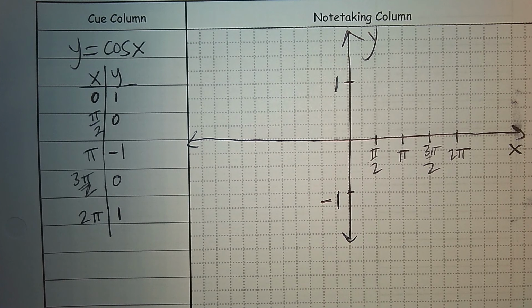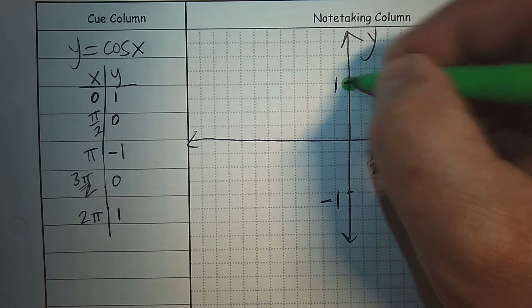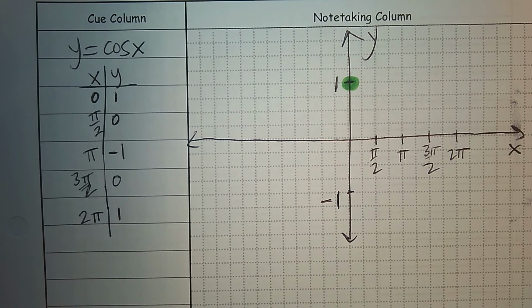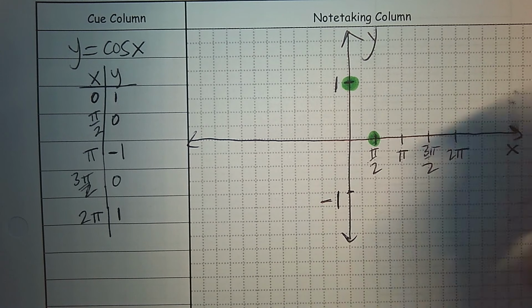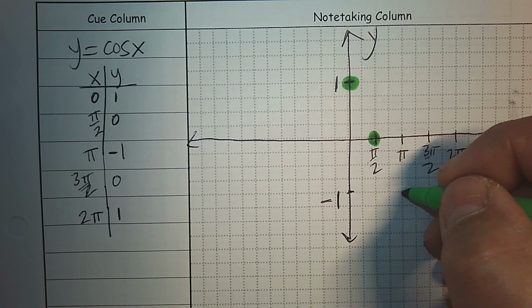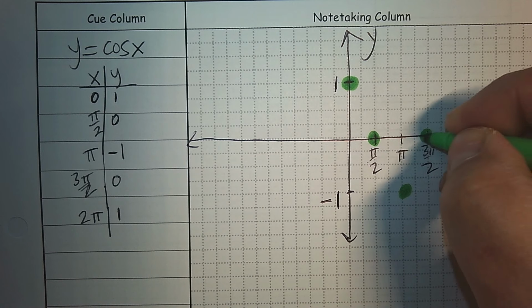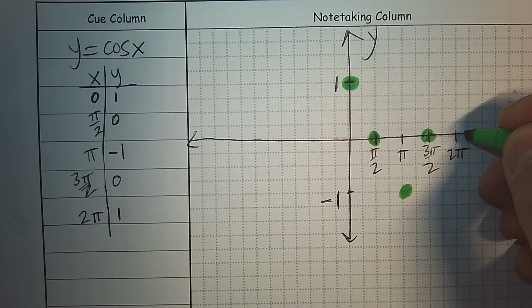So starting with the table of values, what does the graph of cosine look like? And we're going to plot some points. So at 0, 1, we're going to plot a point. At pi over 2 and 0. At pi, negative 1. At 3 pi over 2, 0. And at 2 pi, positive 1.